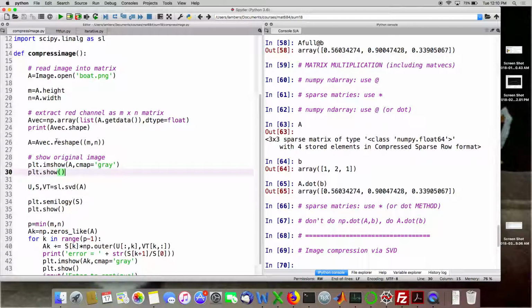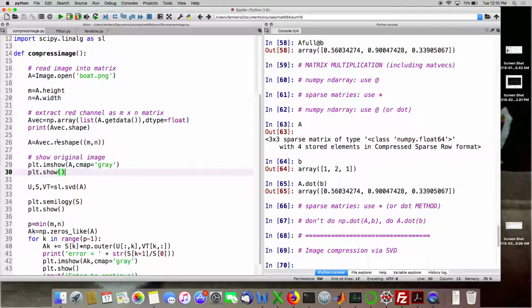Whereas with the color image, it would be reshaped into an m by n by 3 array, so you have 3 slices for RGB. That doesn't apply in this case.